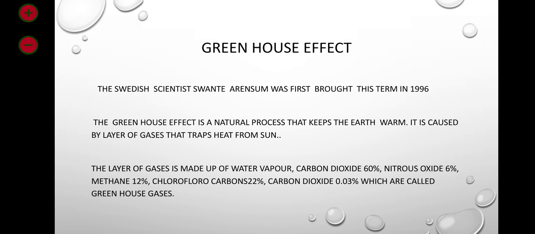That is done by the layer of gases present in the atmosphere. These gases absorb the heat radiation from the sun, and that is how our earth is kept warm.